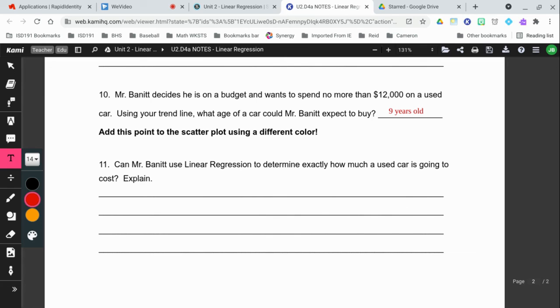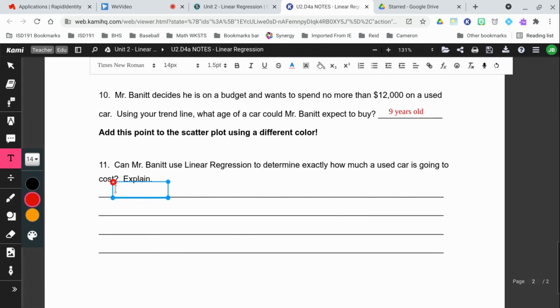Exactly how much it's going to cost? No. Could I use it to estimate or predict about how much it's going to cost? Yes, but not exactly. That's not what linear regression does. It gives you an estimate. It doesn't give you an exact value, though.